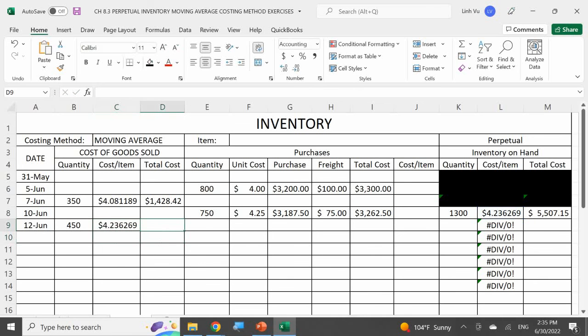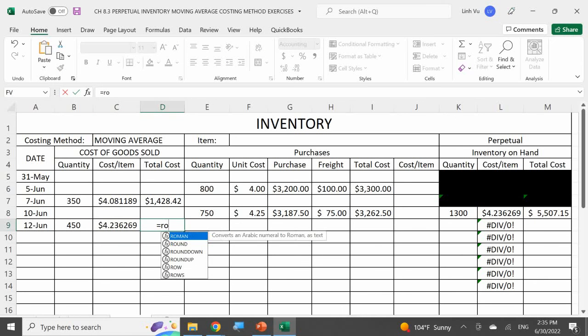So in this case, what is my new total cost of goods sold? If I sold 450 units at 4.2362.